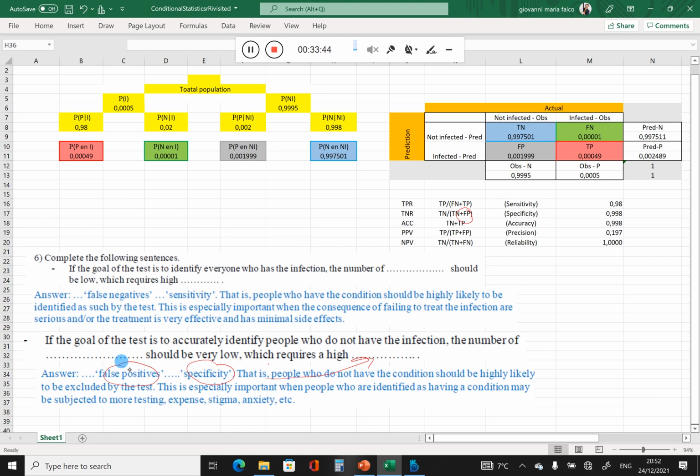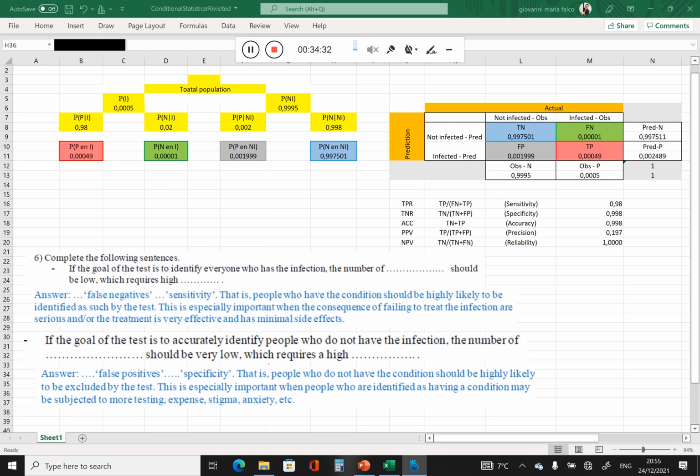That's important when you want to avoid false positives, because if you get a positive test, people of course get worried about their condition, or in the case of COVID it could mean some extra further tests with extra expenses and financial load, which is unwanted.